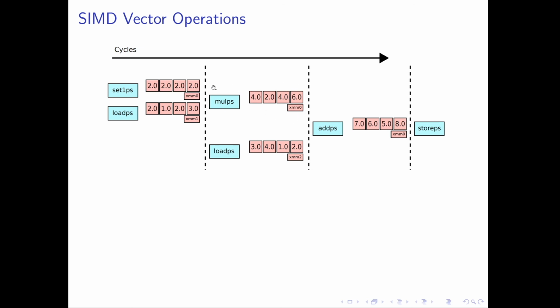So when I execute, or retire, this multiplication instruction, it actually operates on the whole vector. Then I have my next load, and then an addition that also happens in vector fashion, and eventually I store my result. You might recognize this simple program: it is again the SAXPY loop that we discussed earlier.